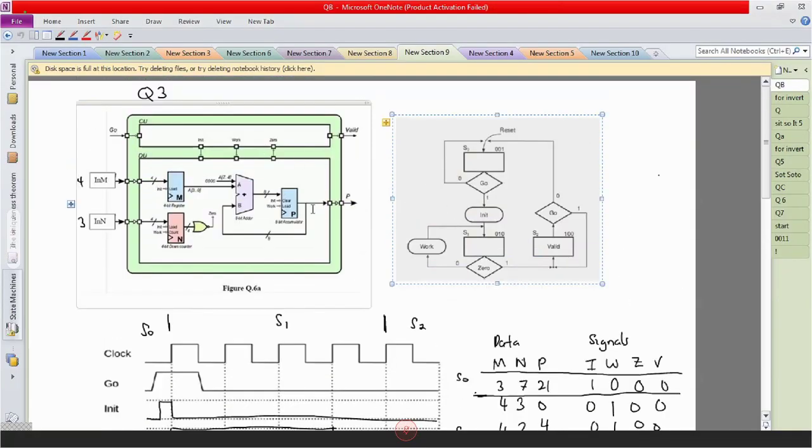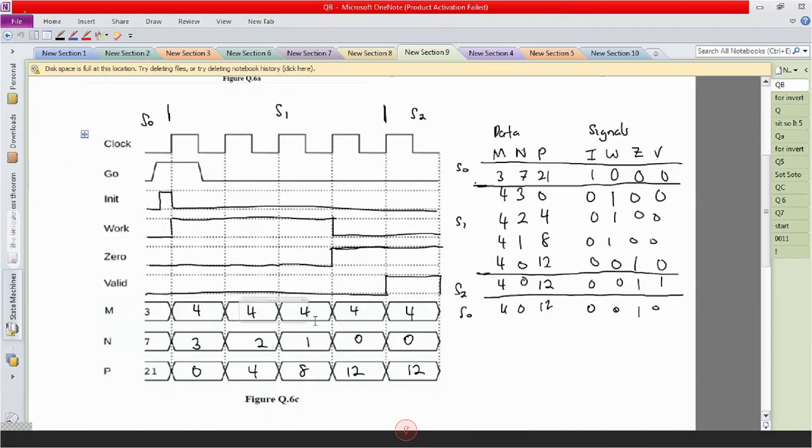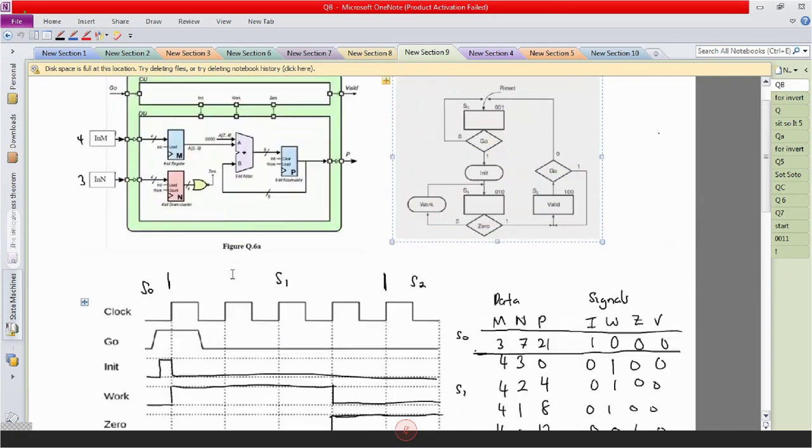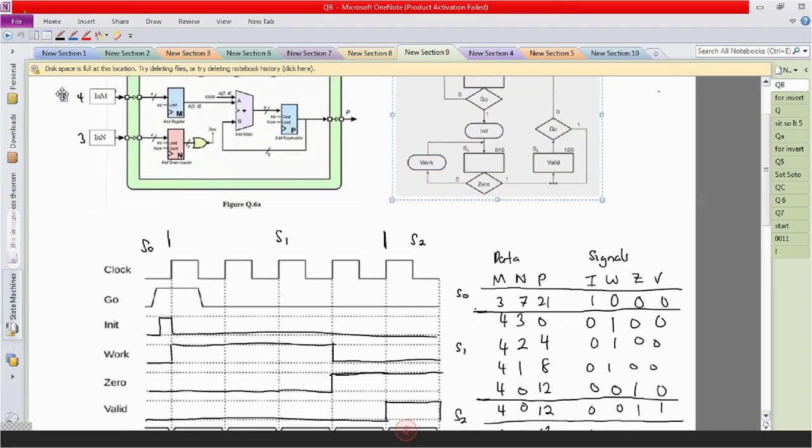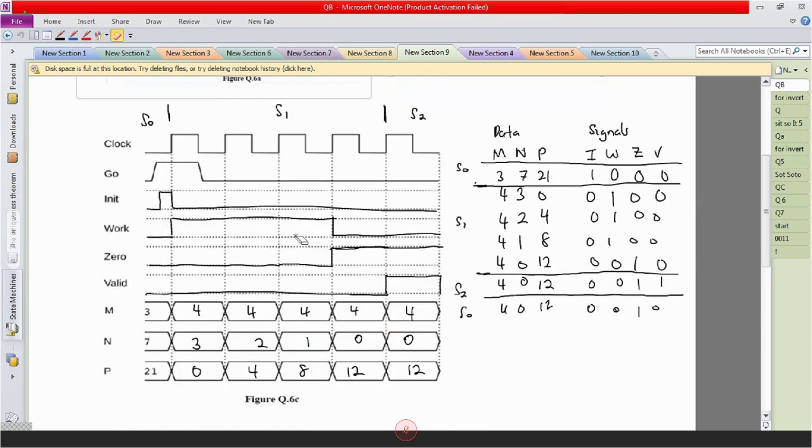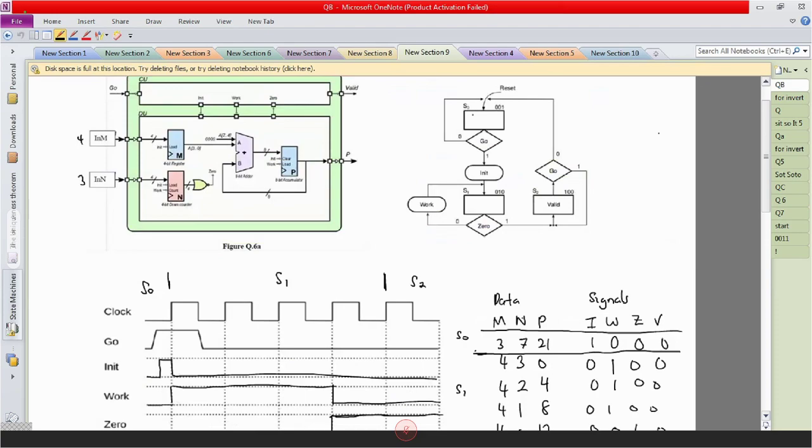Oh, okay. So this is my answer for the timing diagram. So the M is 4. Wait, let me see. Why is your init so small? Because I thought init was only the Mealy output of S0 and go, right?